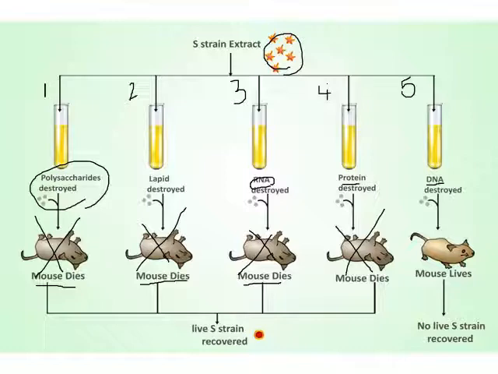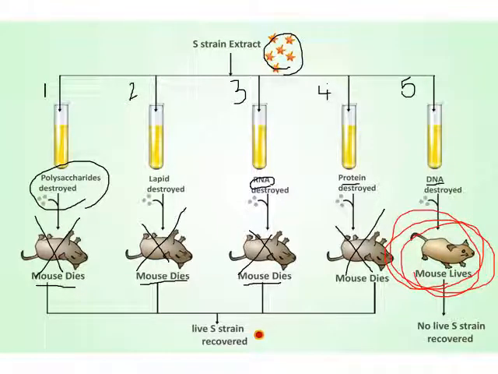So the double helix that was still in the dead S gets chewed up. The treated S solution mixed with R. That R is now injected into the mouse. Mouse doesn't get sick. Mouse doesn't die.